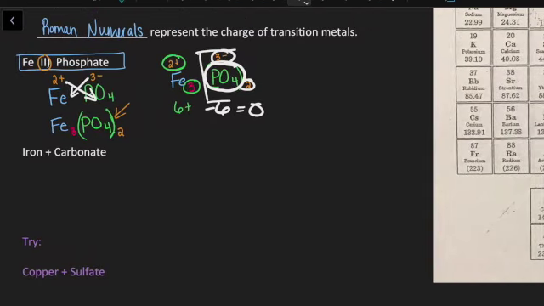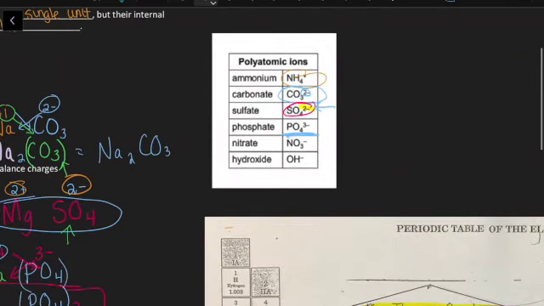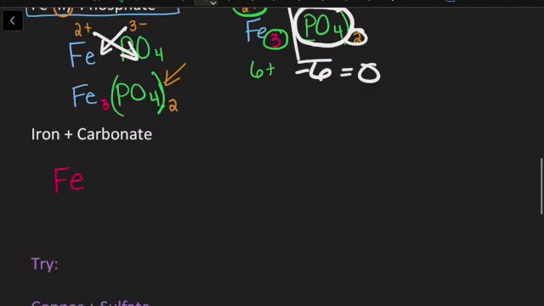Alright, iron carbonate. This one is a little bit different, and you will see them like this. So iron, and then carbonate. Carbonate is CO3 with a 2- charge. It didn't give us a Roman numeral. So anytime that happens, you just assume that it has the correct charge.